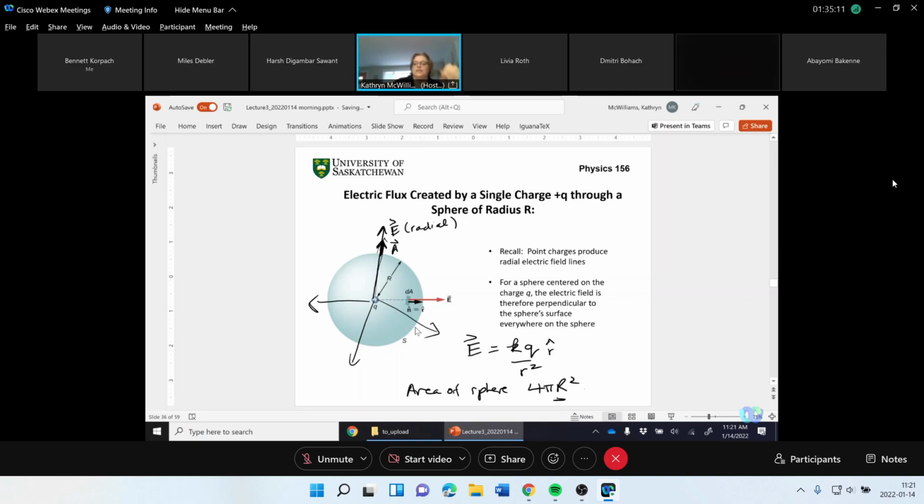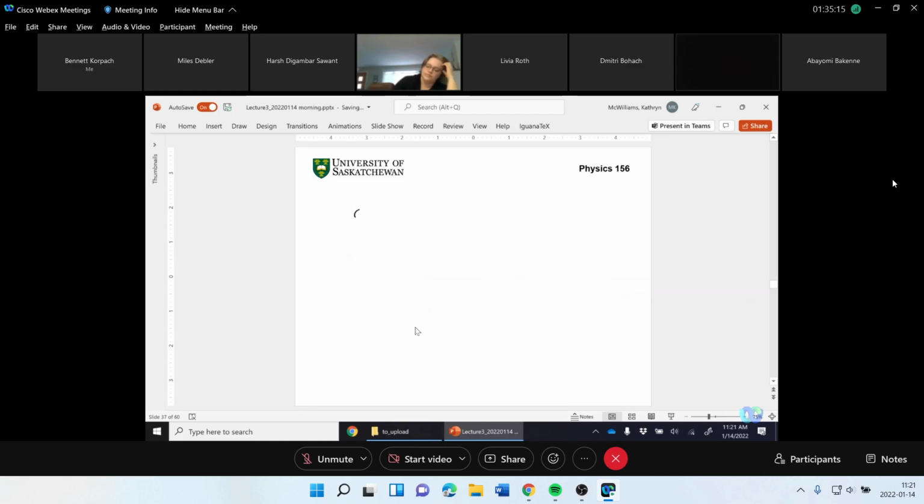So the flux is the electric field dot A. In our case, E and A are both radial. They're parallel.